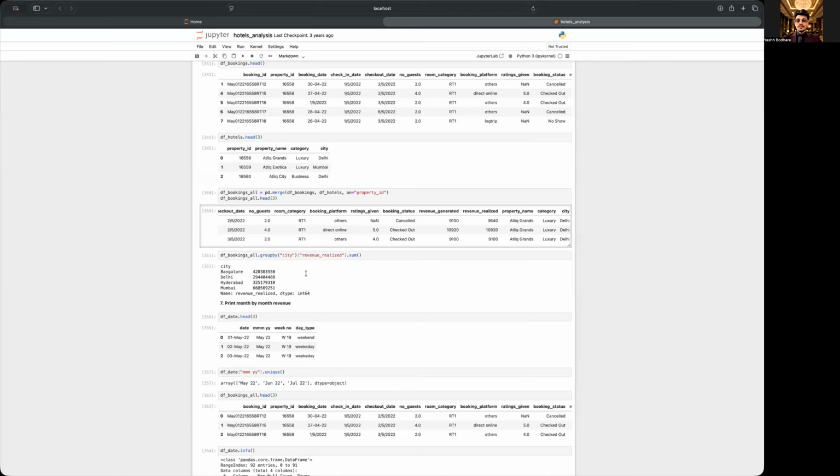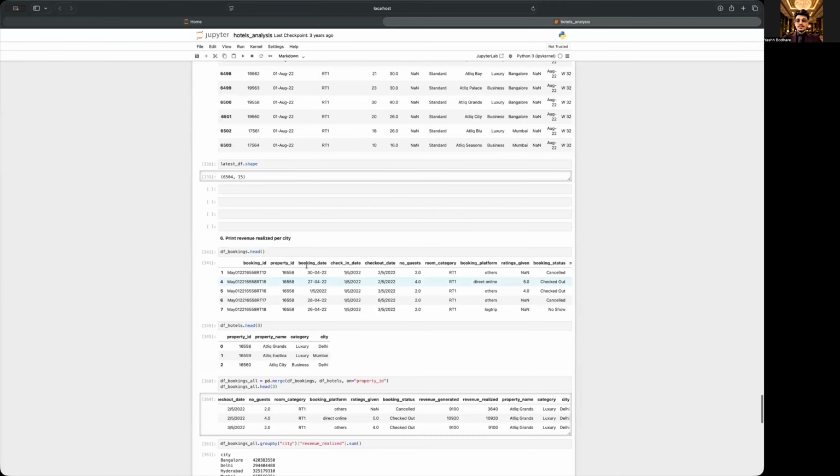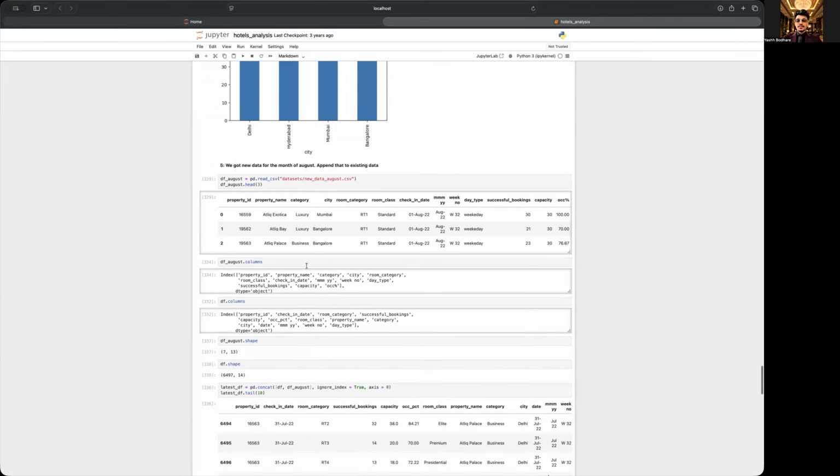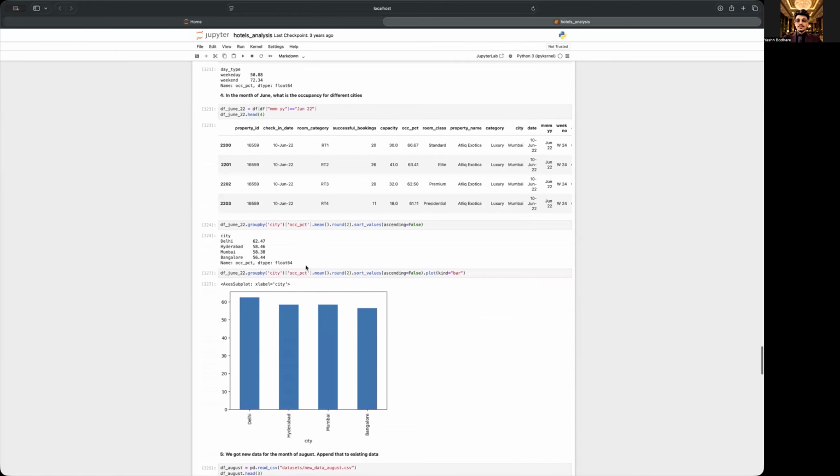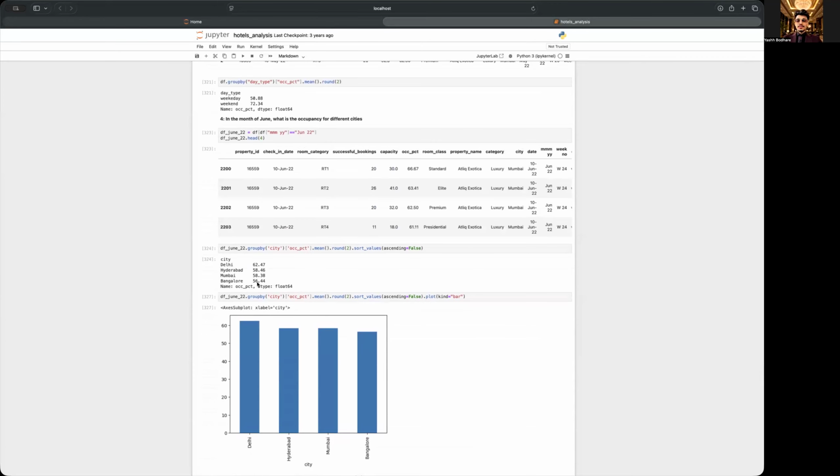Now this result becomes particularly interesting when we compare it with our previous occupancy analysis. Earlier, Delhi had the highest occupancy rate, right? If you look above, Delhi had the highest occupancy rate.